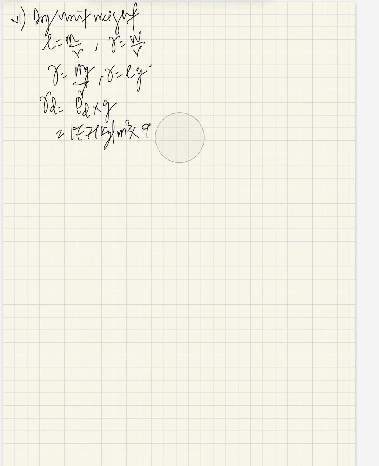So you do your math properly, 1771 times 9.81 takes us to 17383 Newton per meter cube, which equals 17.38 kilonewton per meter cube. That's our dry unit weight.